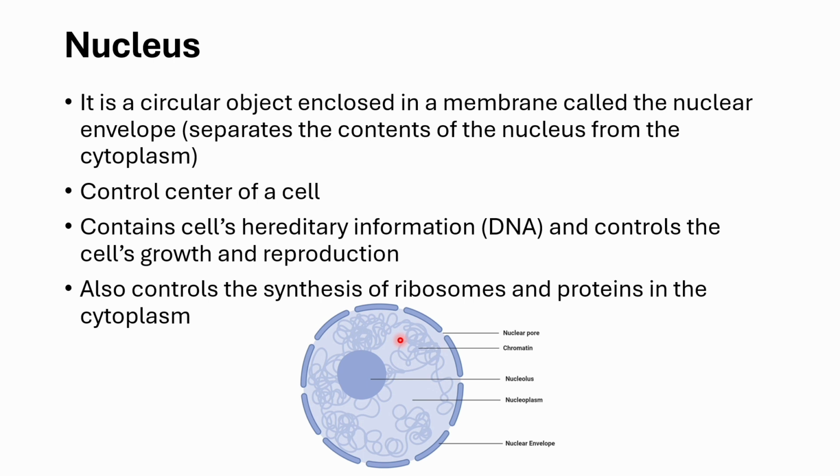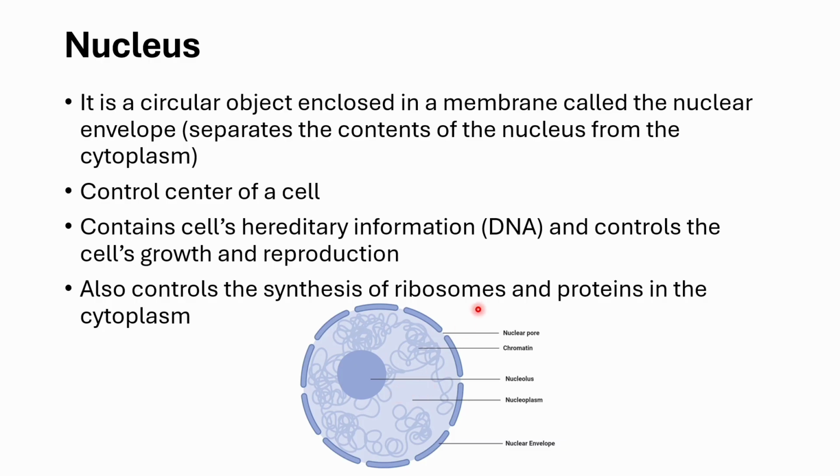Every single piece of information is present in the DNA, in the chromatin, which is enclosed in the nucleus. This is called the nucleolus. This is nucleoplasm, which is like a fluid inside the nucleus, just like the cytoplasm inside the cell. And this one is called the nuclear envelope. Okay.